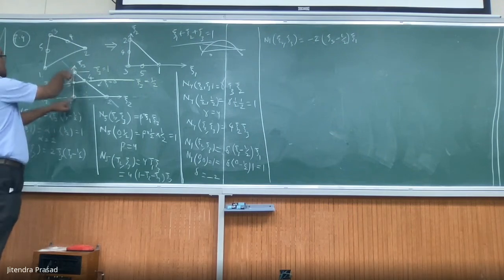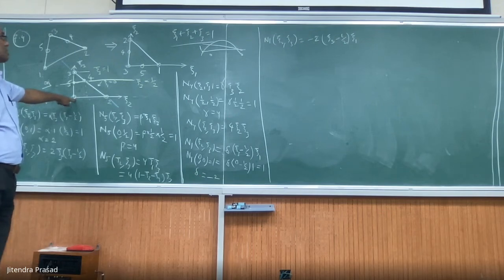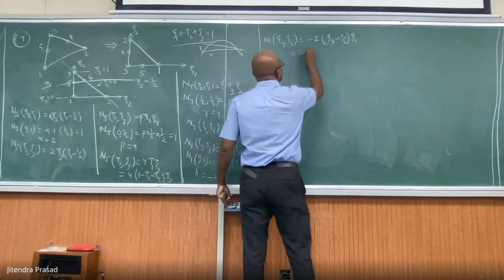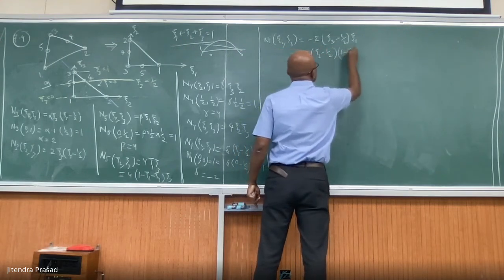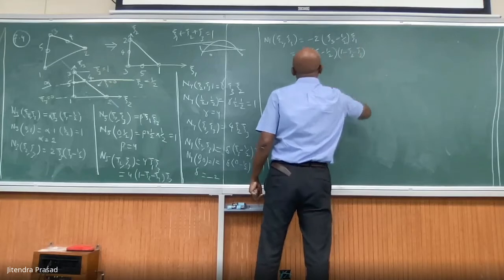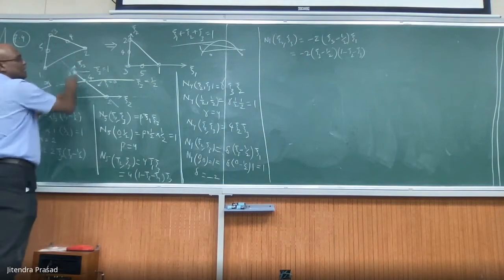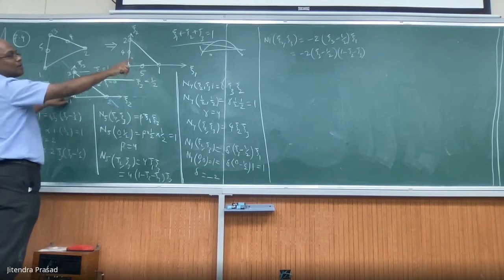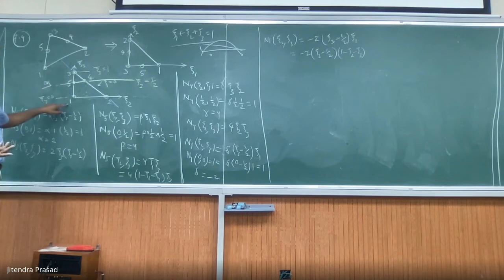If it is moving this way, up and down, then what happens? Xi2 is 0, so this is quadratic. You can write it as minus 2 times (xi3 minus half) times (1 minus xi2 minus xi3). Along this line xi2 will be equal to 0, so you have (xi3 minus half) multiplied by (1 minus xi3). So it is quadratic in xi3.